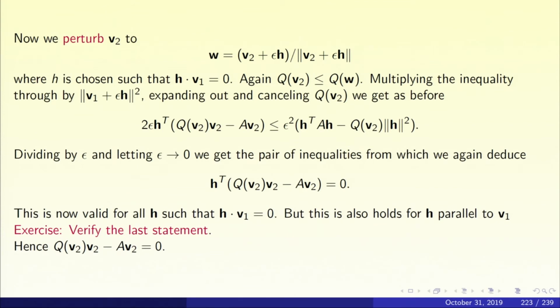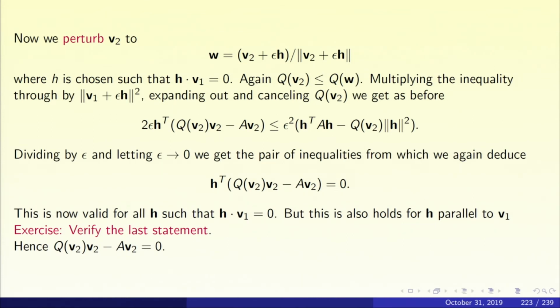V1 transpose A V2 is going to be the same as V2 transpose A V1. Again, we are using the symmetry of the matrix. So V2 transpose A V1 will be V2 transpose lambda 1 V1 because V1 was an eigenvector. Lambda comes out. So we get V2 transpose dot V1, which is 0 because V1 and V2 are orthogonal.